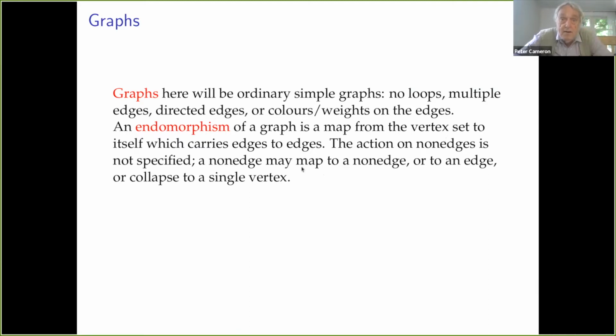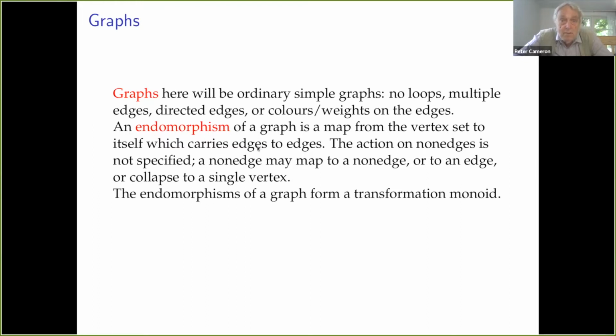And so in particular, because there are no loops, edges can't collapse to single vertices. And also, if you look at all of the endomorphisms of a given graph, that's closed under composition. It contains the identity, and so that is a transformation monoid. So here's another source of transformation monoids, endomorphisms of graphs.